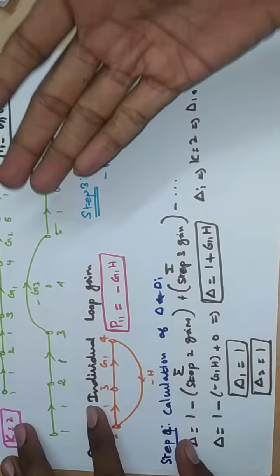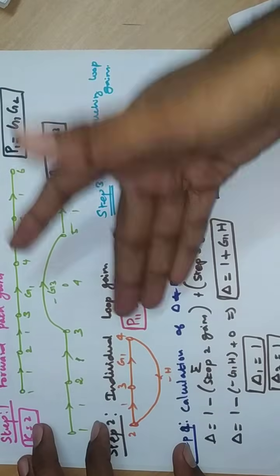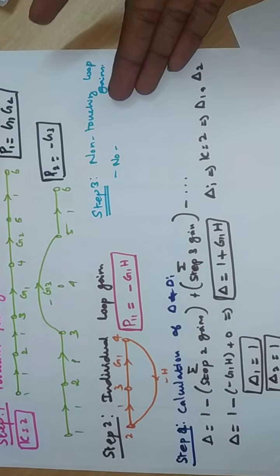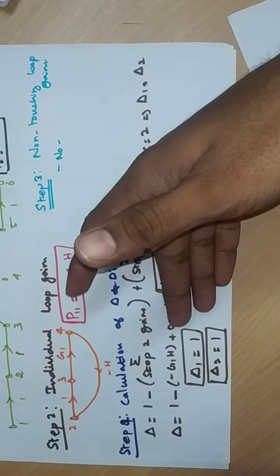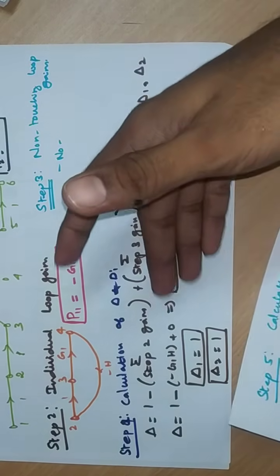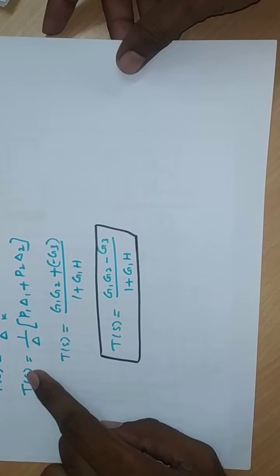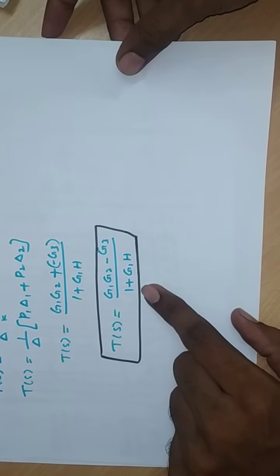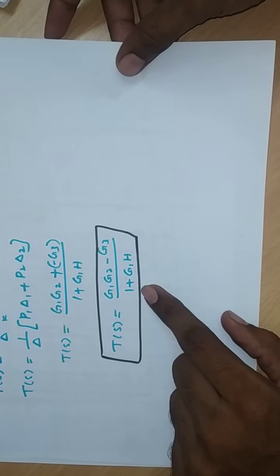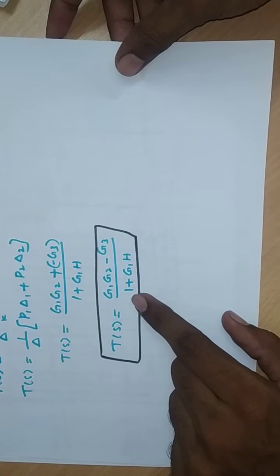We found the forward paths and individual loops, and there are no non-touching loop combinations. We determined the values of delta and delta I, and finally substituted in Mason's gain formula. We get the gain for this system, which is G1 G2 minus G3 divided by 1 plus G1H.